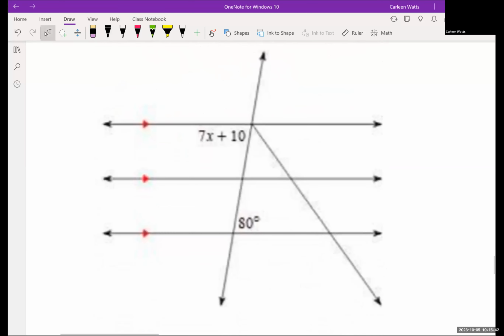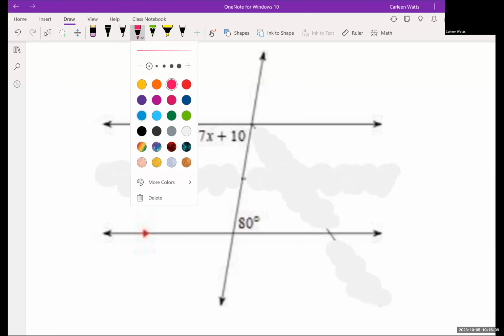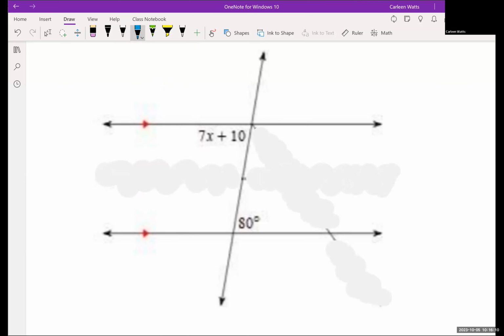Okay. Ooh. Well, this is complicated. Okay, I don't think this line is involved. I'm just going to get rid of it. And I don't think this line is involved. Okay, now can we see it better? So we have this one and this one.